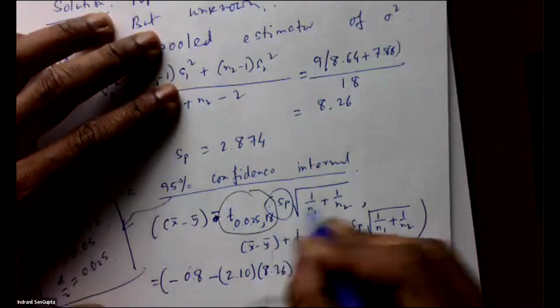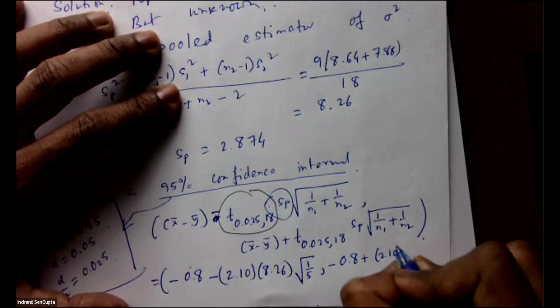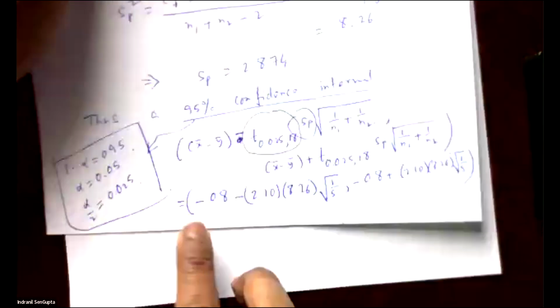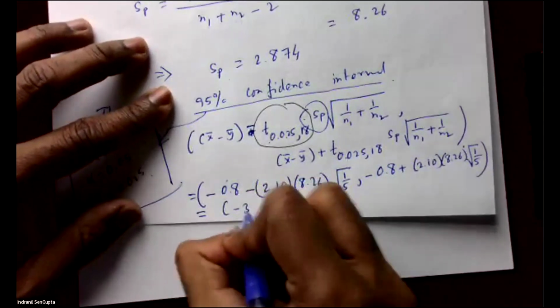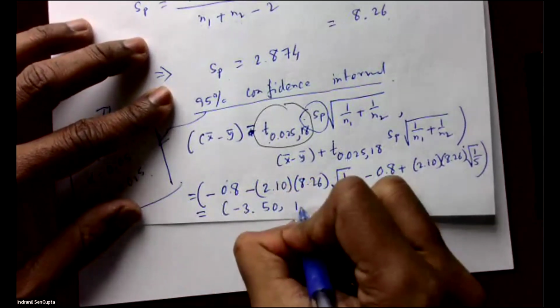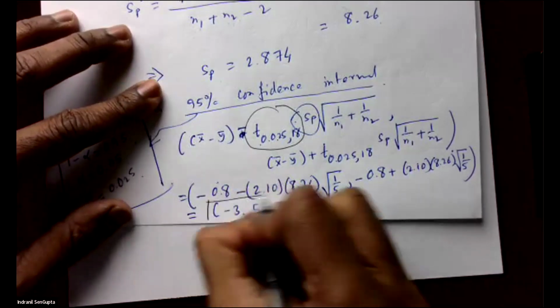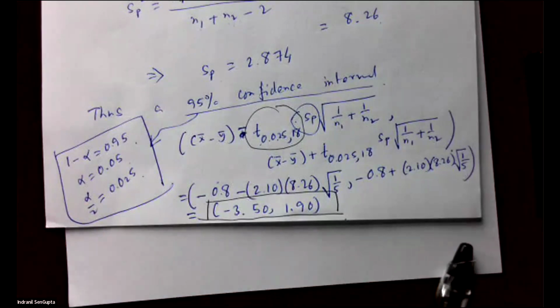That's it. And to the same thing with the plus sign: minus 0.8 plus 2.10 times sp times the square root of 1 over 5. If I simplify this expression, this is minus 3.50 through 1.90. That is the answer. Based on the sample, this is the confidence interval.